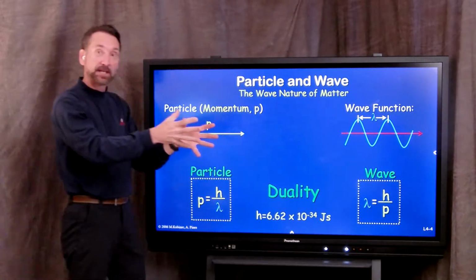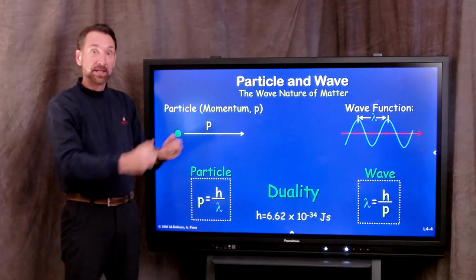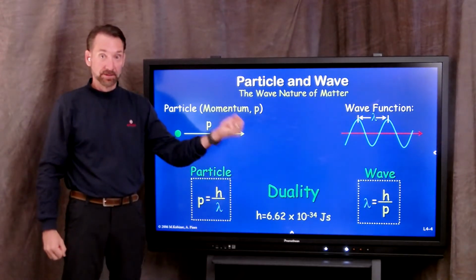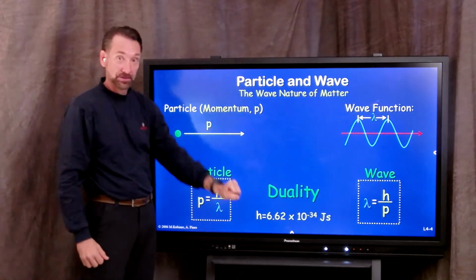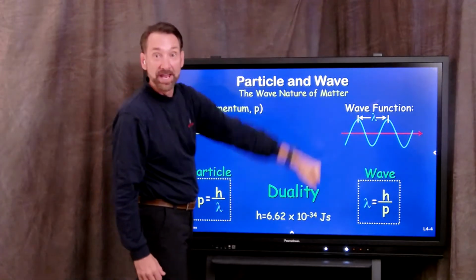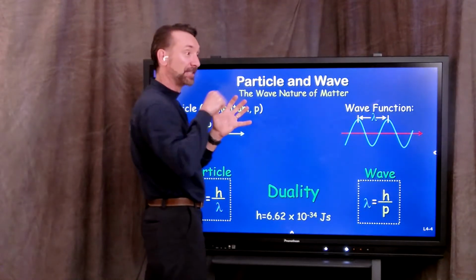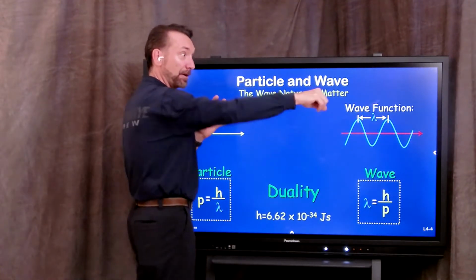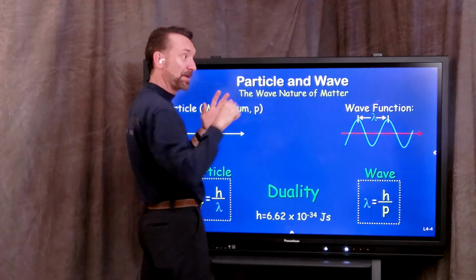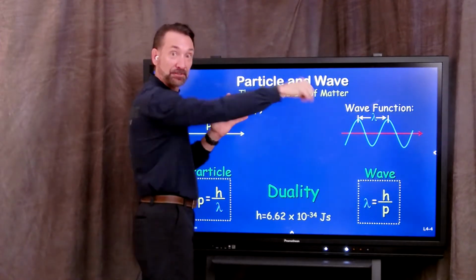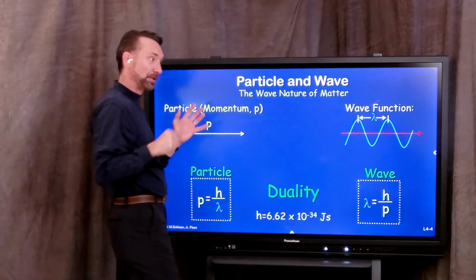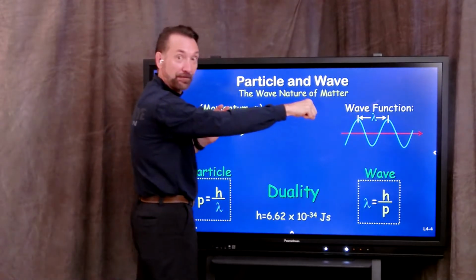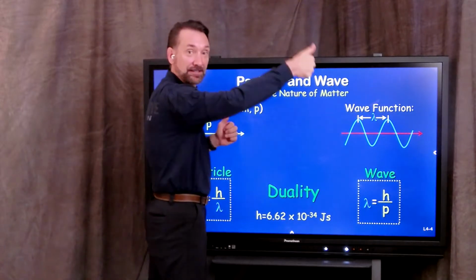Light behaves like particles in that there are photons, discrete chunks of energy coming along the wave, and they can deliver their momentum, their energy as particles in bits. And we saw that in the photoelectric effect.